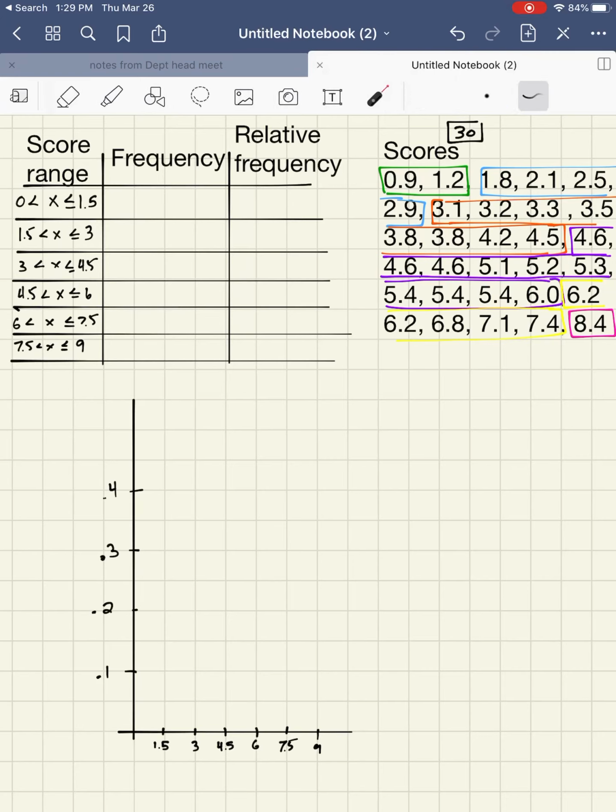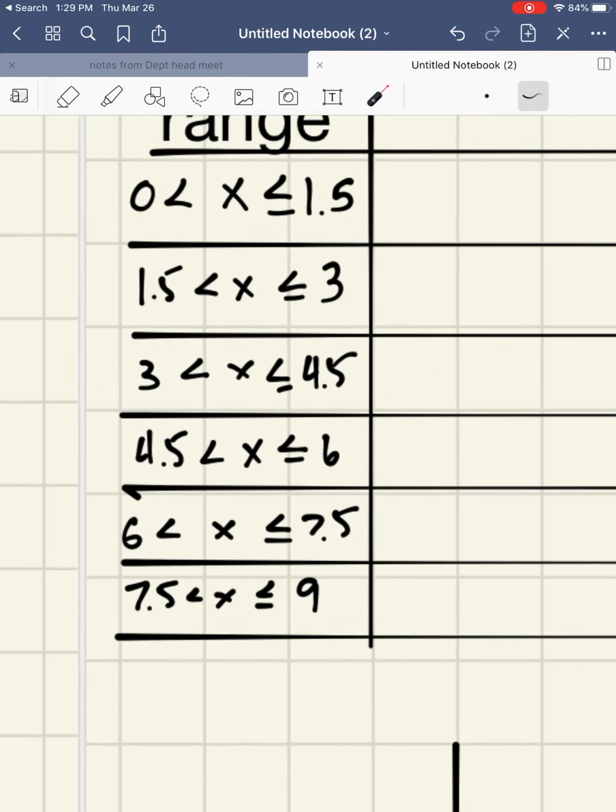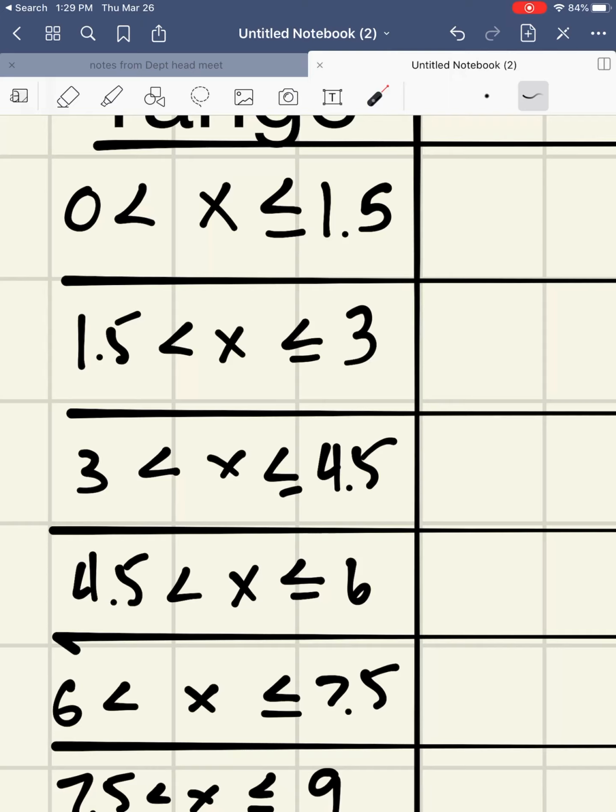And if you look to the left here, I've already populated the score range, and it looks a little different. It's a compound inequality in each case, because it's really important to know where we put scores that fall on one of the endpoints of an interval.